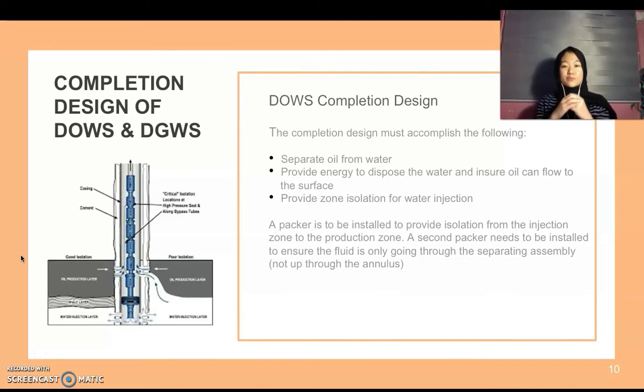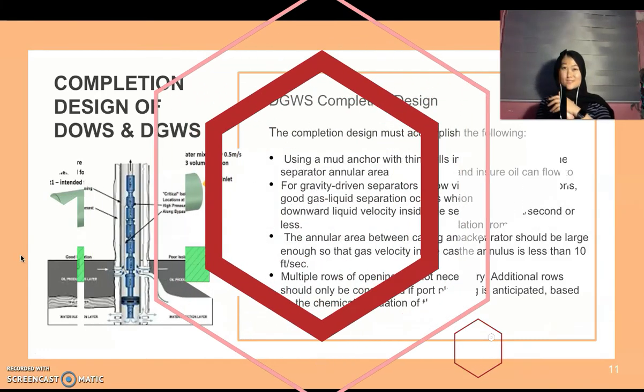The third is to provide zone isolation for water injection. A packer is also installed to provide an isolation zone from injection to production, and a second packer is used to make sure the fluid goes through the separating assembly, not through the nozzles.